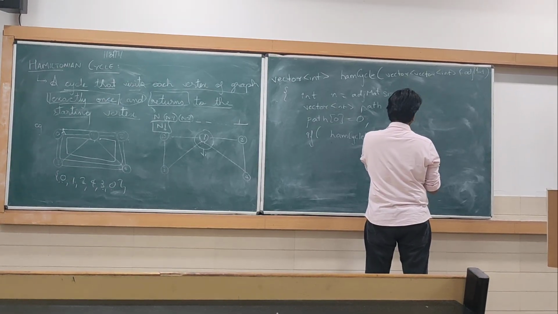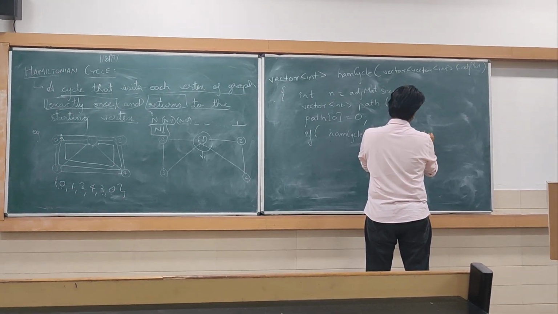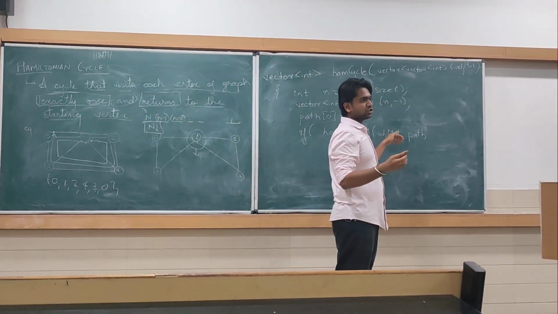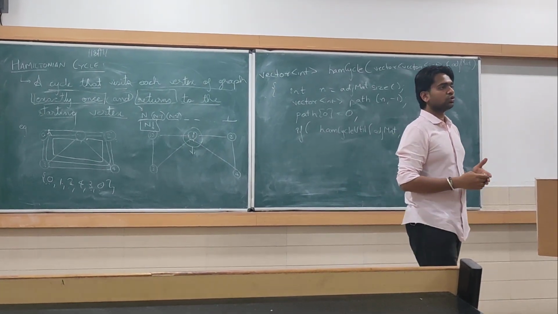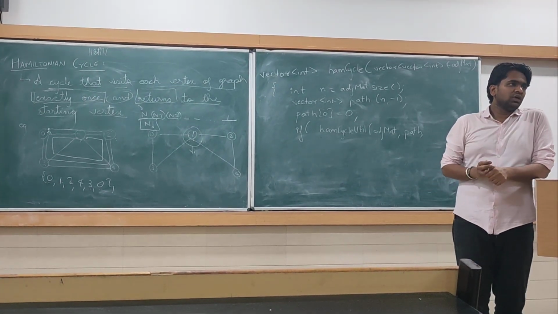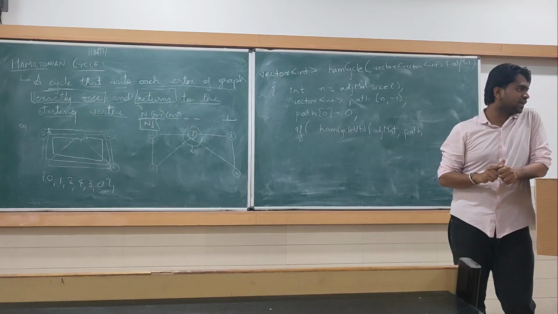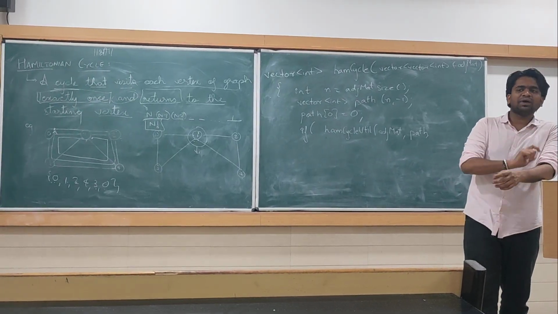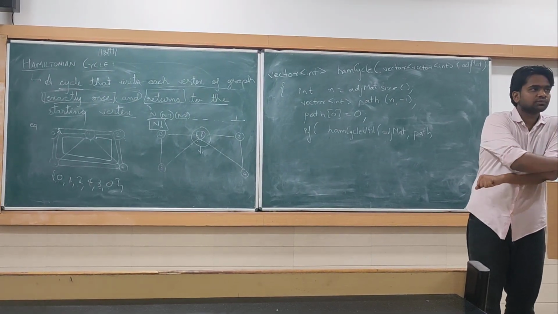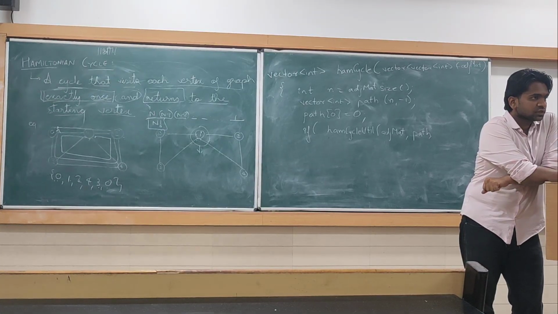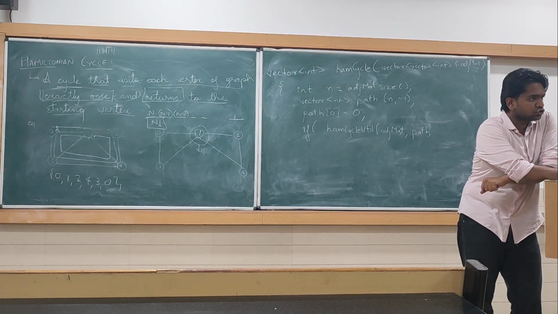What more I pass? I pass the path vector to it. उसी में तो मैं आंसर स्टोर करते जाऊंगा. Yes or no? Yes. Path. What more? Let's say you also pass the number of vertices, but there's one more thing in backtracking which you need to pass. What's that? Size को pass करना ही है. So let's say I also pass n.